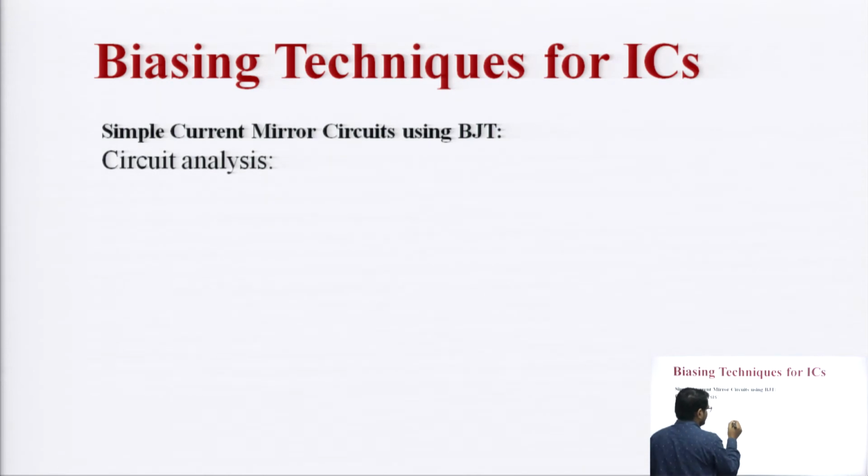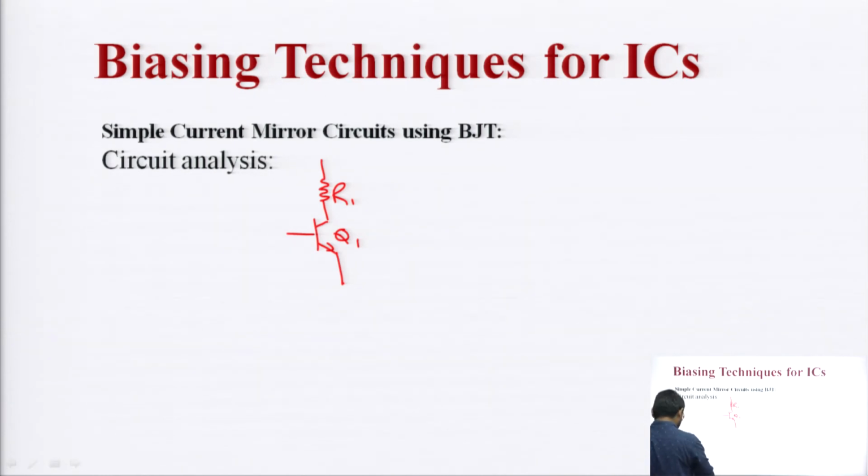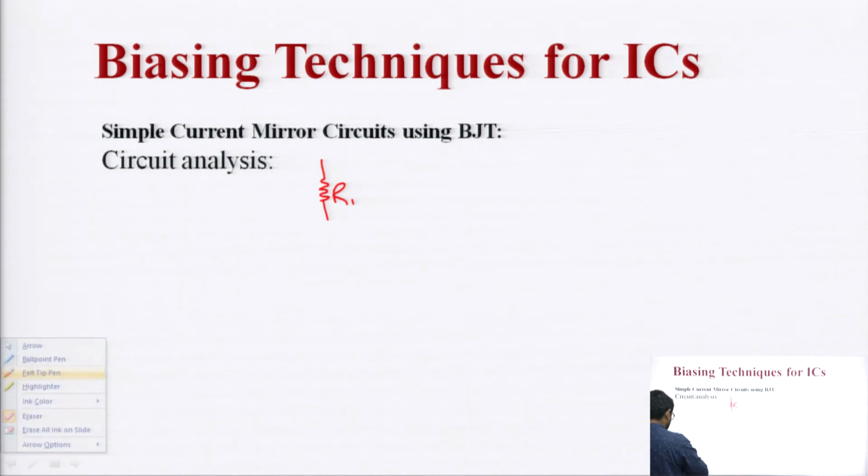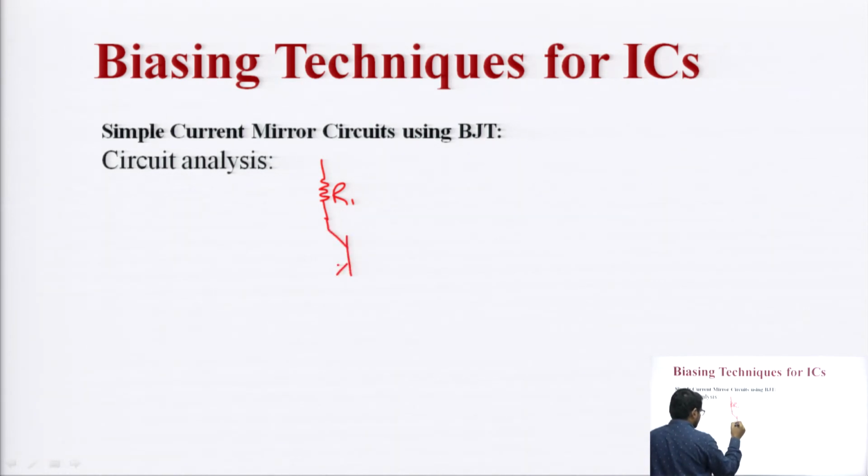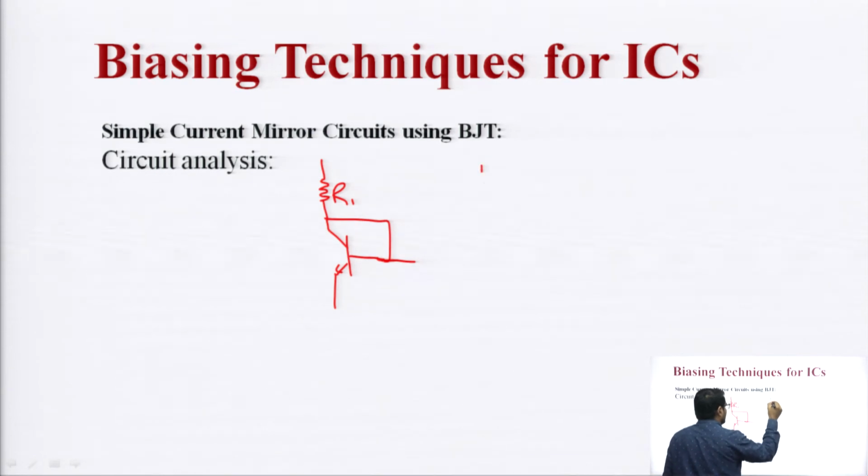Let us consider the simple current mirror circuit with resistor R1, transistor Q1 and transistor Q2, and here is ground. Here is I out and IC1.